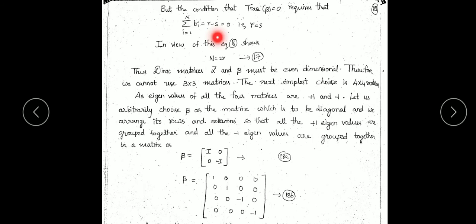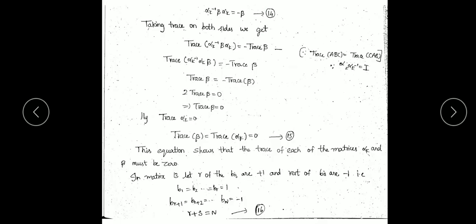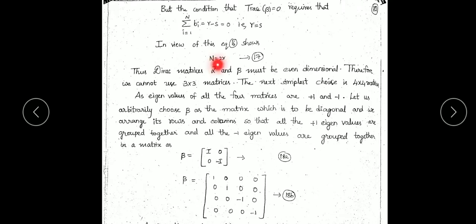So from this we have r equals s. Now we need to substitute this in the previous, that is r plus s equals n. As r equals s, r plus r is nothing but 2r. So n is equal to 2r.